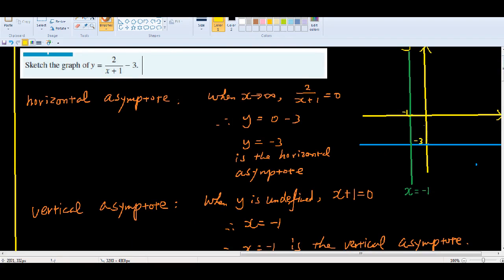So where is that point? That point should be around here. So that's y equals -1.